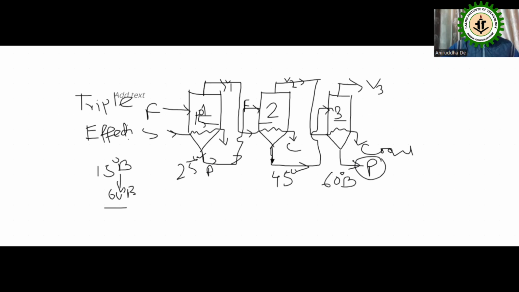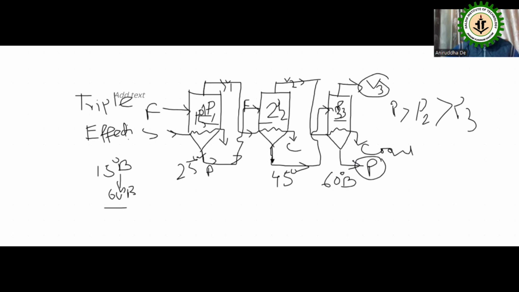So as you proceed from the first effect to the second to the third, the pressures P1, P2, P3 reduce, meaning P1 is greater than P2, which is greater than P3. P3 maintains more vacuum pressure inside the calandria, and the vapor can be used or condensed to water.